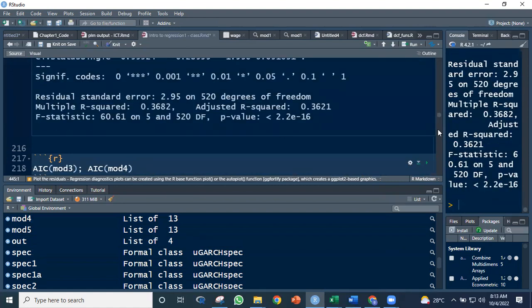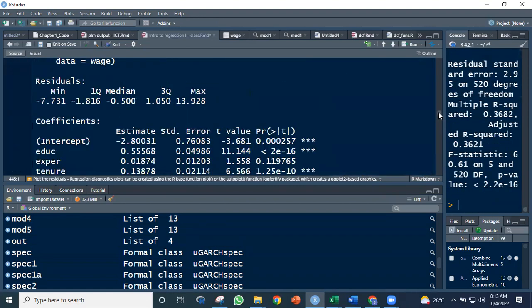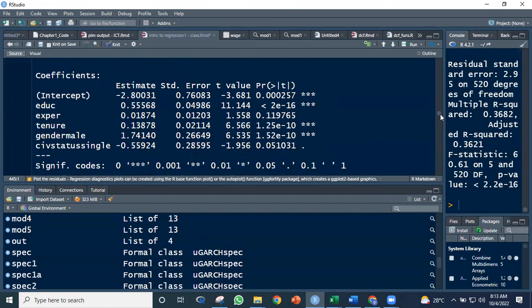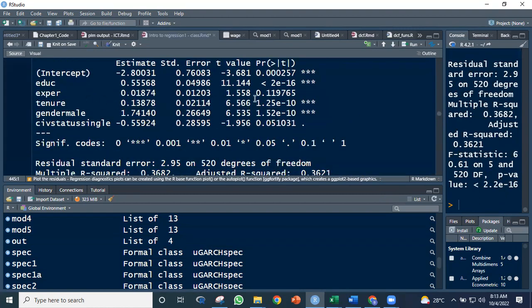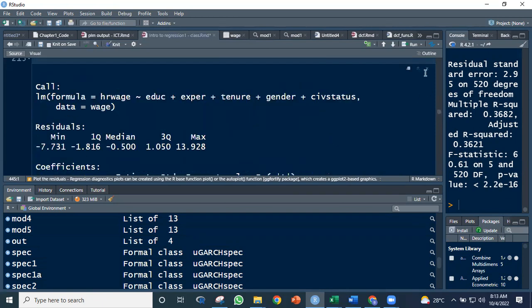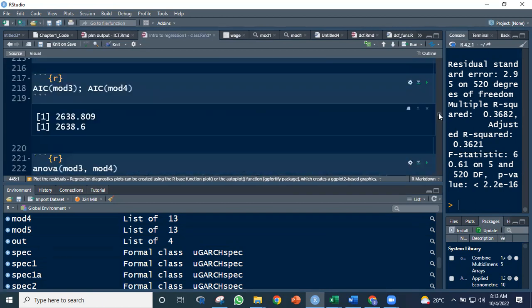So this is my Model 4. Our Model 4 includes experience, but experience is not statistically significant. That's why it led us to delete experience to come up with Model 5.